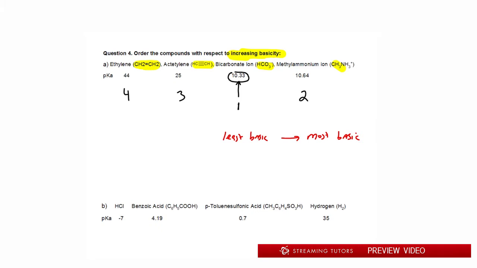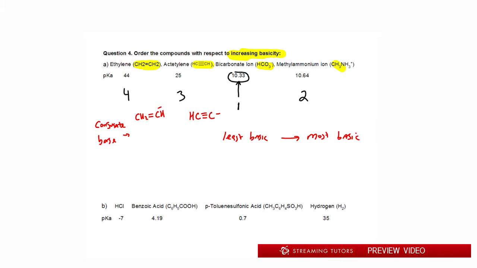But actually, let me take a step back. Since I already mentioned it before, what would the conjugate bases look like for these? Well, for this one, it's CH2=CH negative, and that's it, one less H. Remember, they all have one less H, so this would be negative because it was neutral. Here it's HC≡C negative because it was neutral.